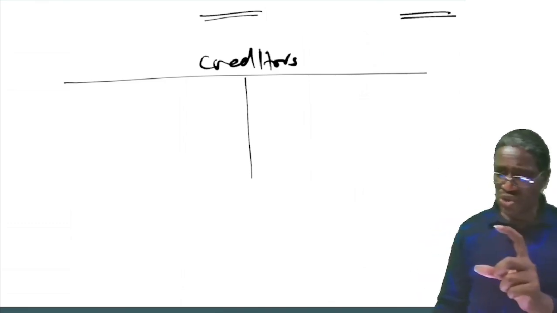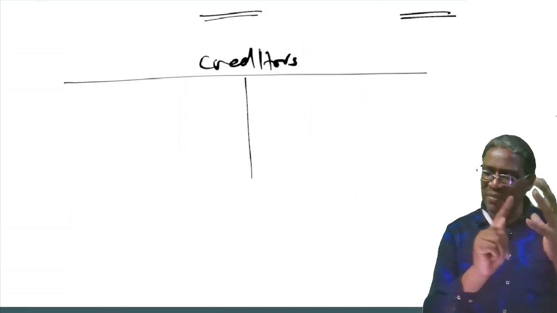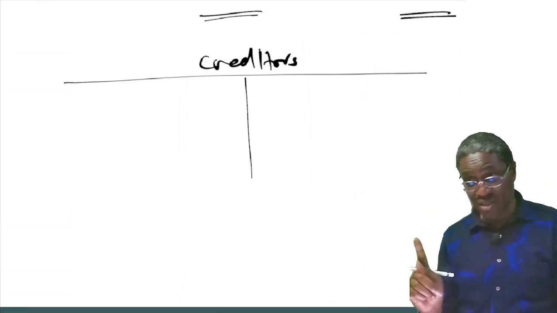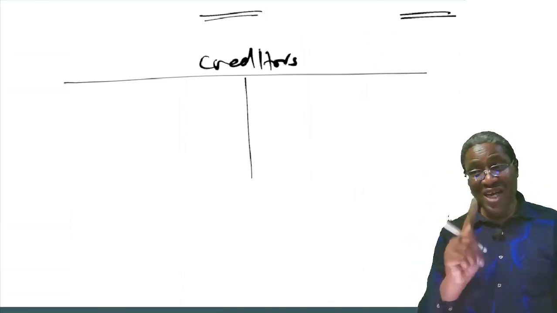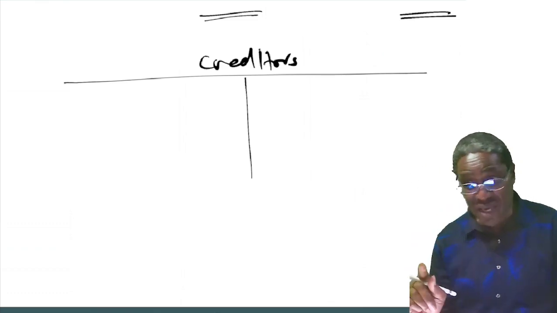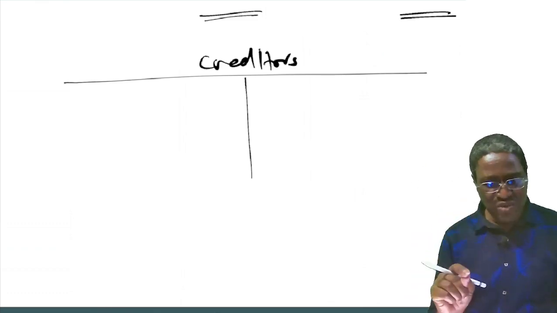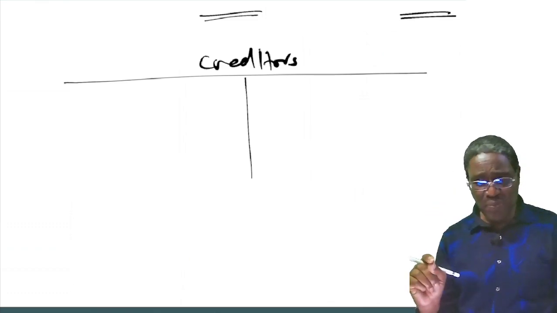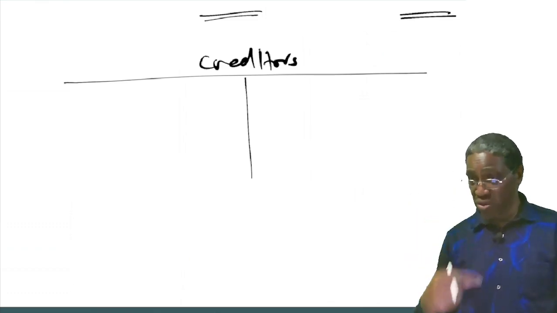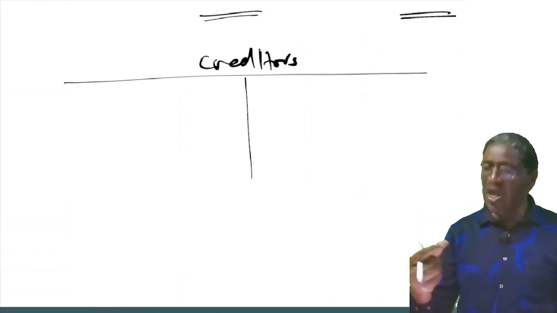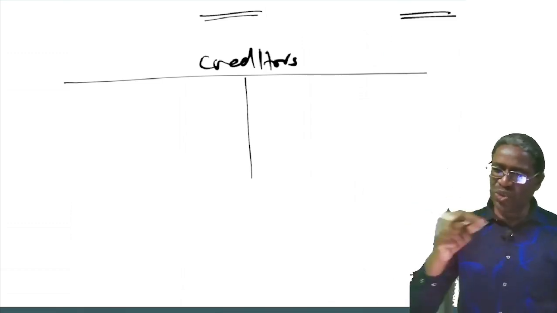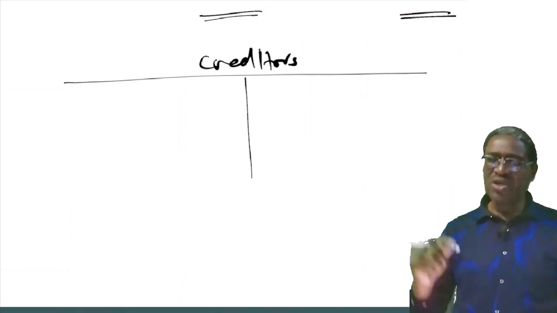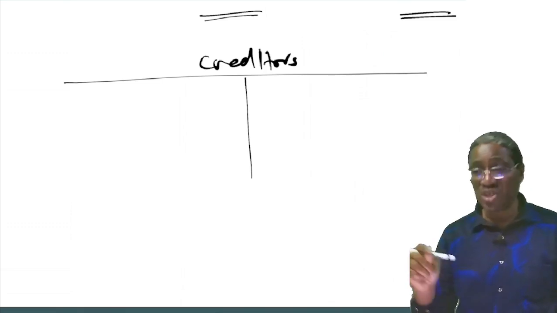I have said a short while ago, we are not determining cash paid to creditors. We are determining cash paid to suppliers. Which kind of suppliers? Those suppliers that supplied goods to us on credit. How much did we pay them? Plus the cash we paid to the suppliers who supplied goods to us on cash basis.